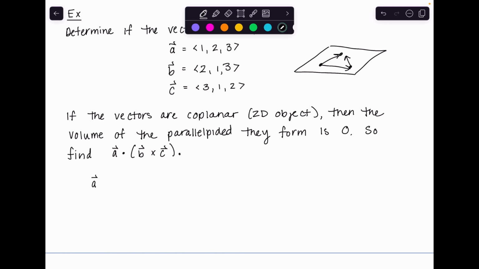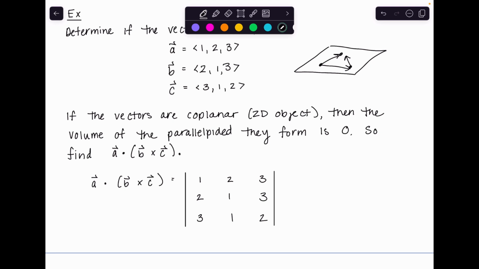So we want to do A dot B cross C. You absolutely can go about this by finding B cross C and then dot producting it with A, but you can also jump into just that 3x3 matrix, and it just goes in order. So we put vector A in the first spot, which is 1, 2, 3, then vector B, which is 2, 1, 3, and finally vector C, 3, 1, 2.